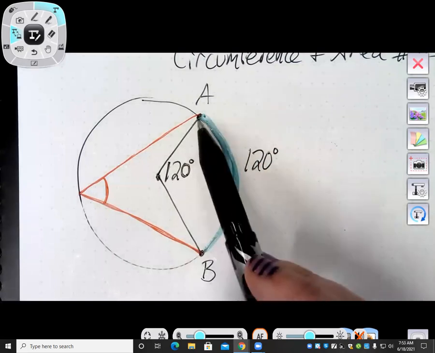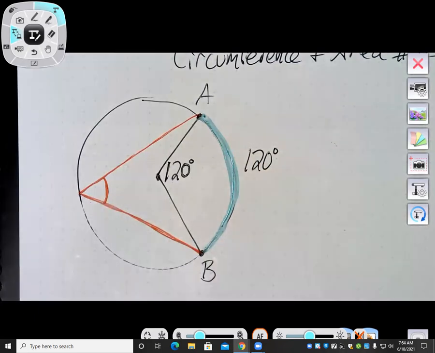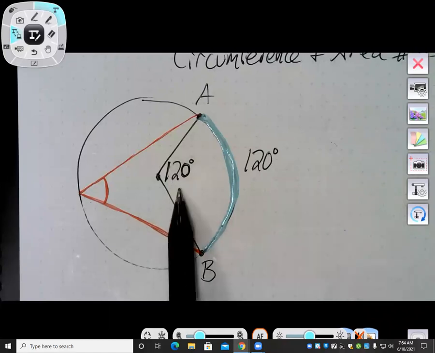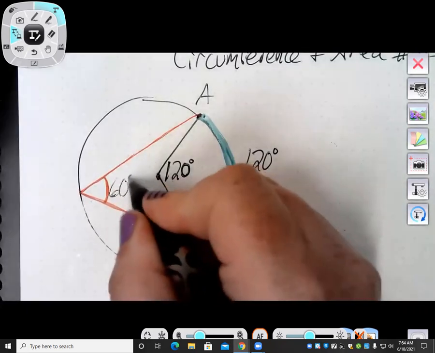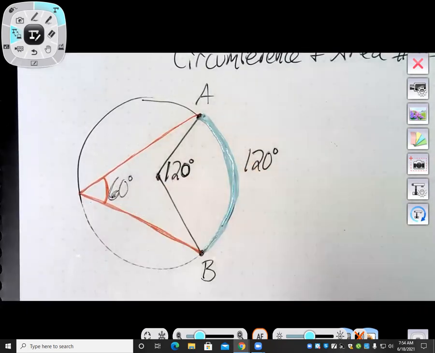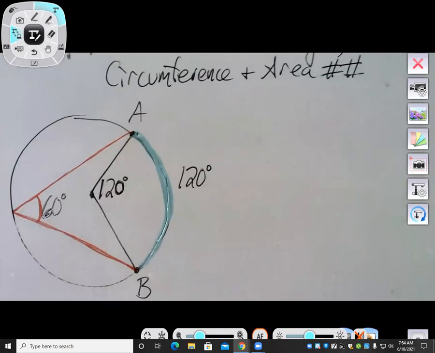And this is what we call an inscribed angle. Inscribed angles just have their vertex on the edge of the circle, and they're just half of the arc that they touch. Isn't that neat? So the central angles stay the same, and then the inscribed get cut in half. So that one's 60. Okay, so let's write that definition down real quick and what we just said.